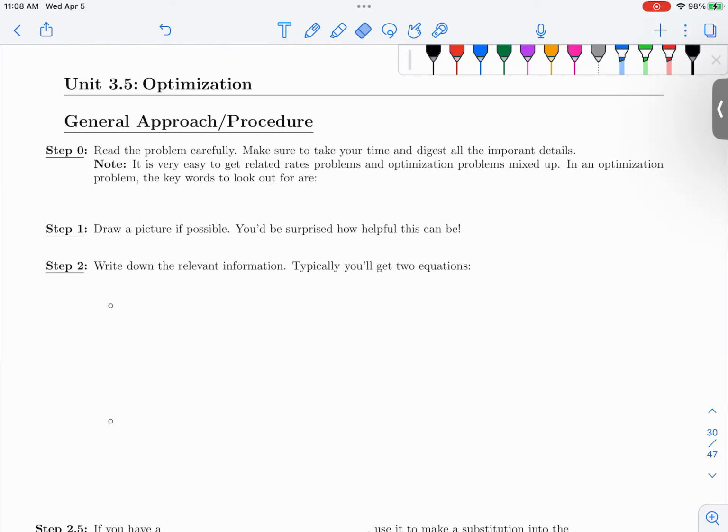What you'll learn in 283 are things called Lagrange multipliers, which is taking a bunch of constraints and trying to maximize or minimize something. The most classic example that I can think of is trying to fit the largest box inside of an ellipsoid.